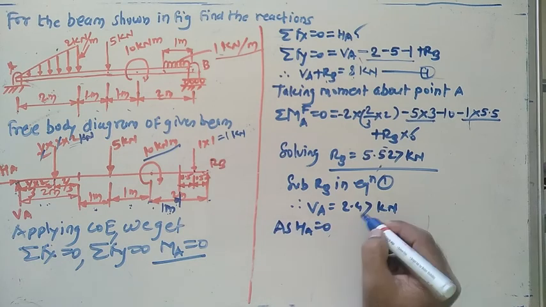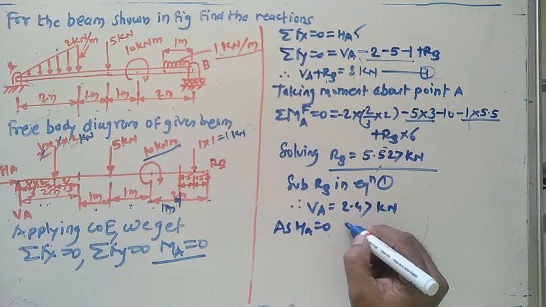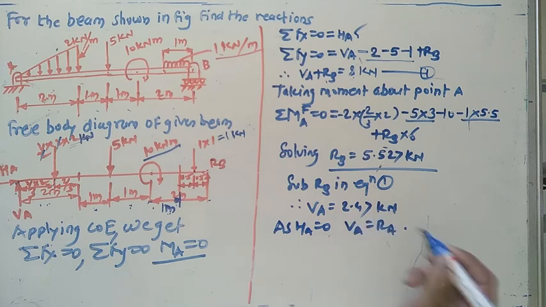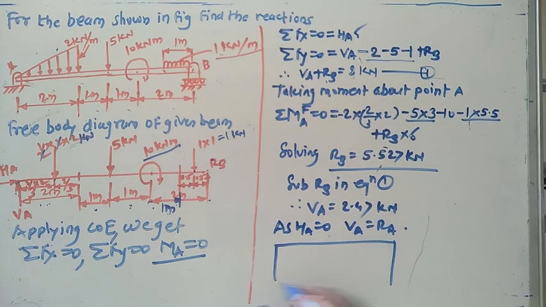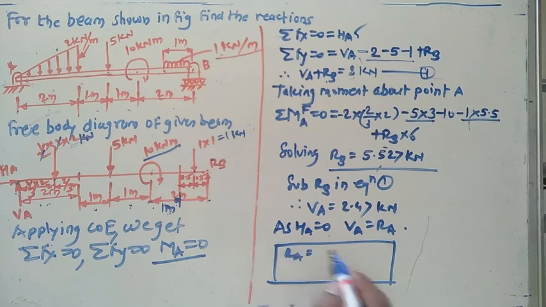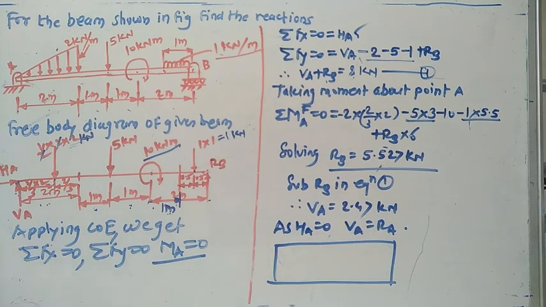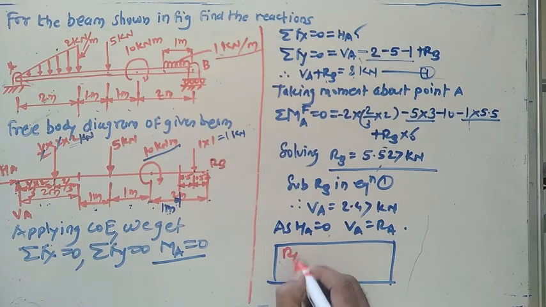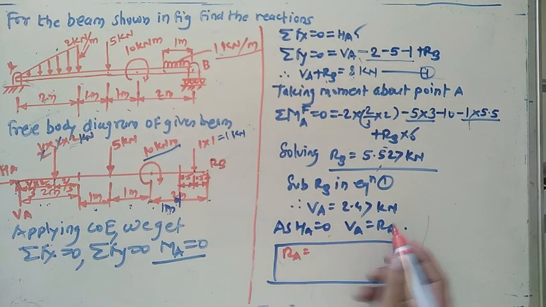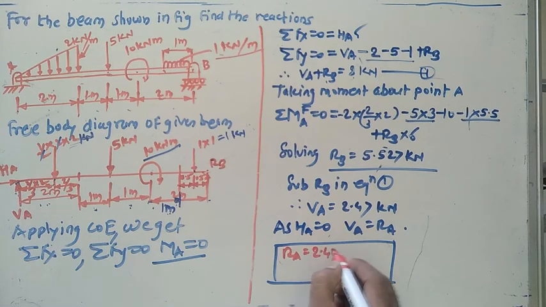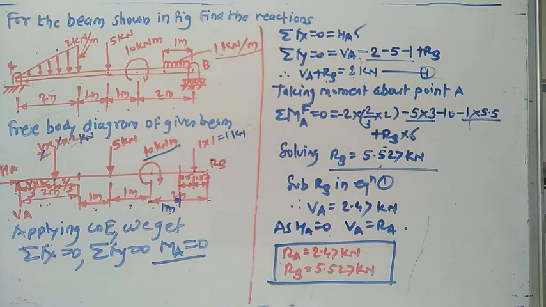HA equals 0. VA must equal RA. Just mention here the answer: RA equals 2.47 kilonewton, RB equals 5.527 kilonewton. I hope this problem cleared you. Thank you.